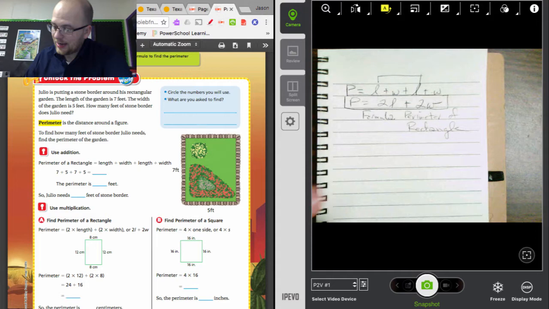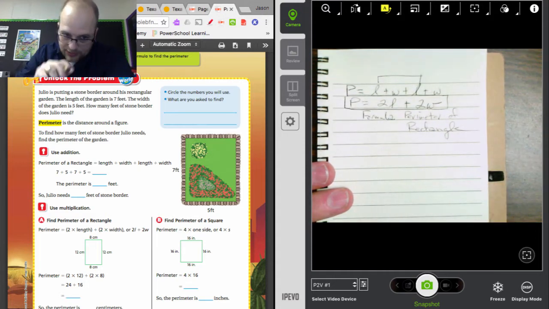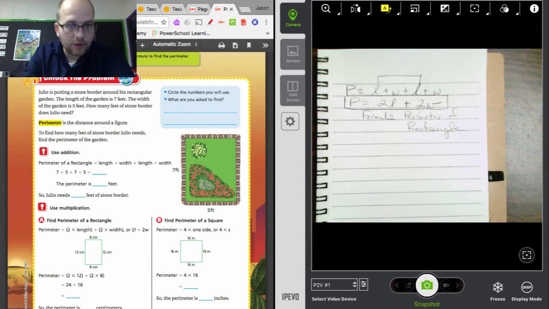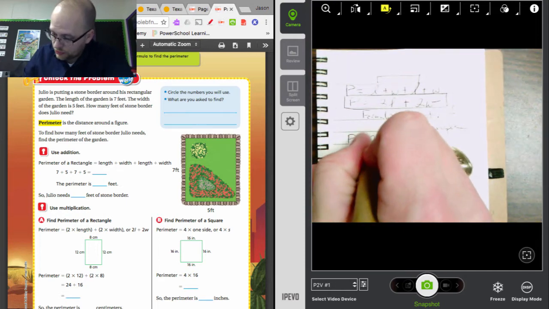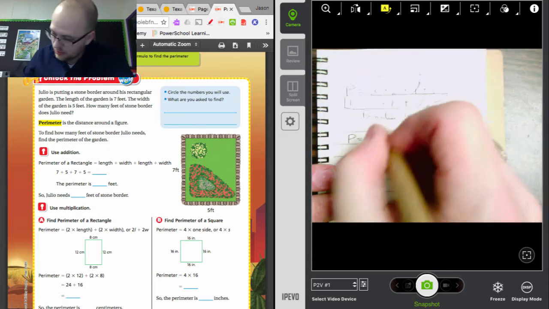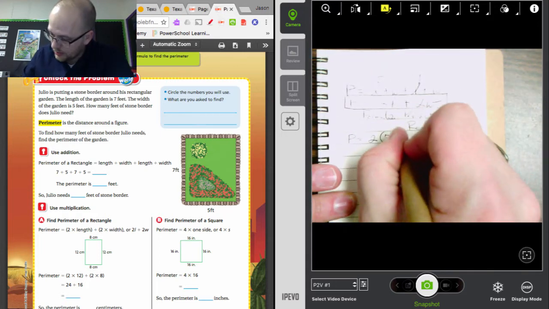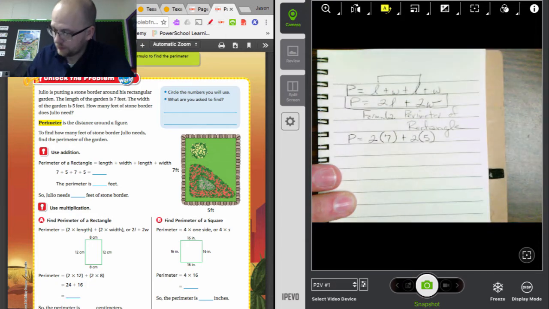So in this case, we have these two variables. Those can be any numbers we want. In this case, we have this problem of Julio's flower garden. So we know that his flower garden, we're going to say P equals 2 times 7 plus 2 times 5.